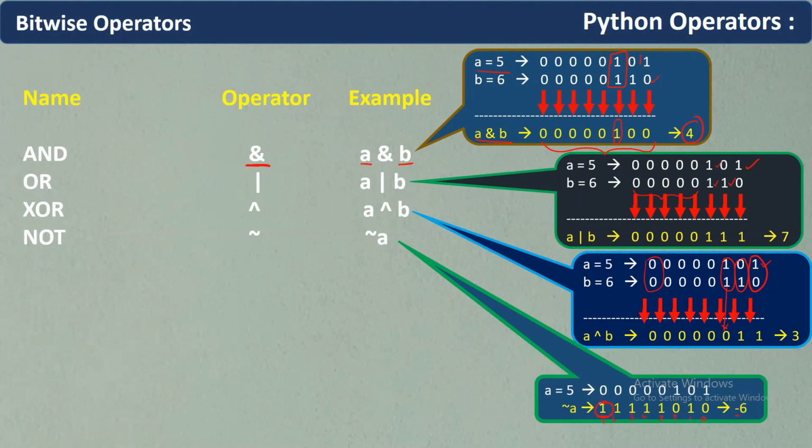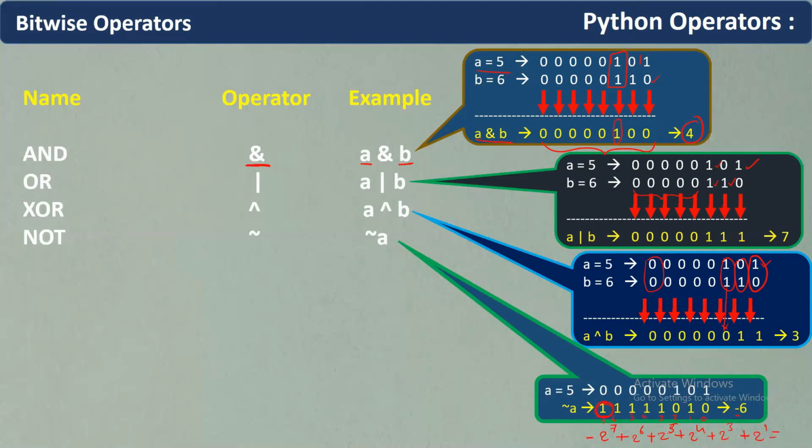Whatever the highest position is, we take it as minus 2 power 7, and the remaining all we take as positive. So this is 2 power 6, 2 power 5, 2 power 4, 2 cube, and this is 0, so we do not need to consider it. Then 2 power 1, and then this is 0.